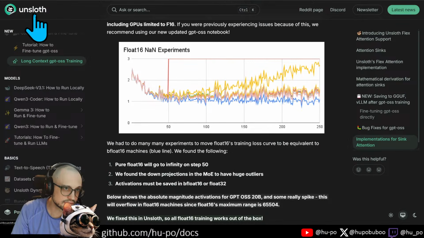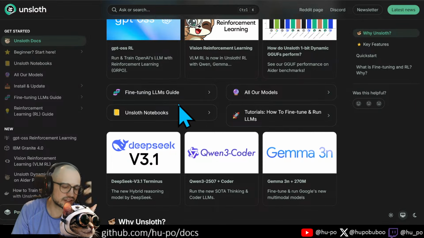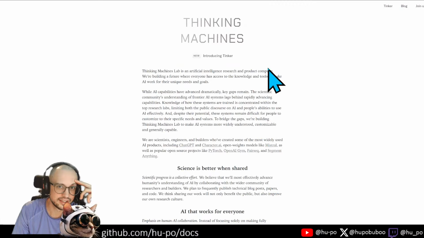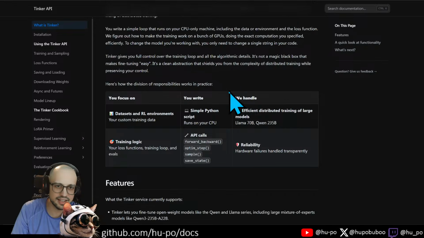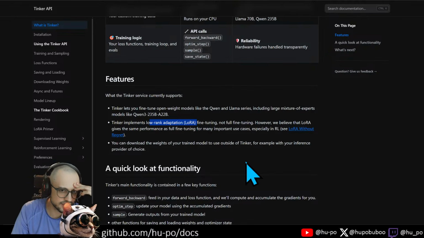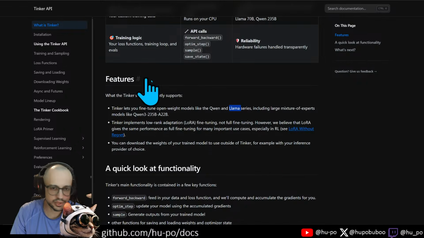So I think unsloth will make some money, but they're not going to make money 20 years from now, right? There's like a limited window where they can make money. Thinking machines is in the same exact situation where I think there's a very limited window where they can make money. Hey, we found this slightly better way of pushing LoRA gradients for this specific llama model, and we're building expertise in this.